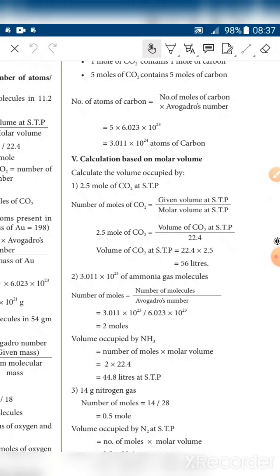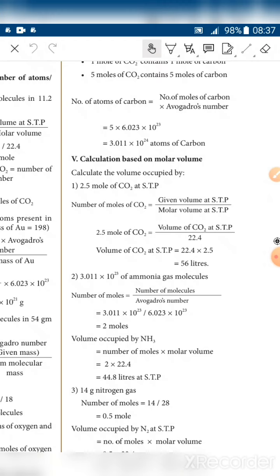Similarly, 3.011 × 10^23 ammonia gas molecules. So first you have to calculate the mole. To calculate mole, the formula is number of molecules by Avogadro number. Suppose it is gas, you write number of molecules by Avogadro number.